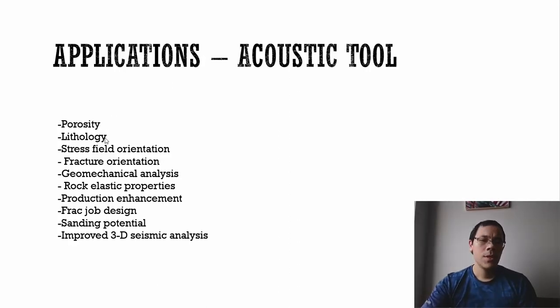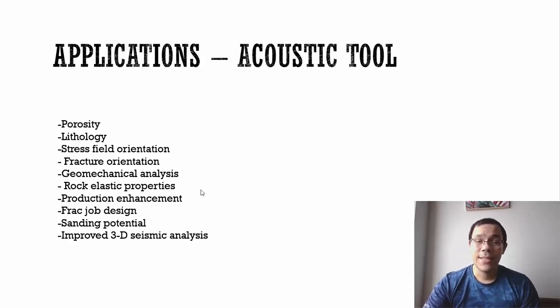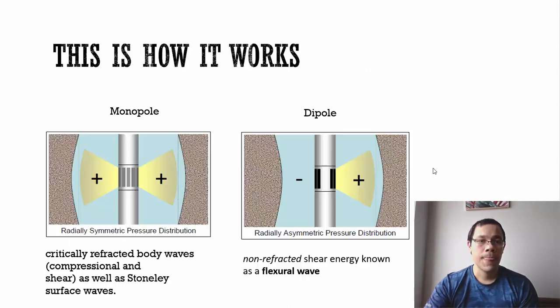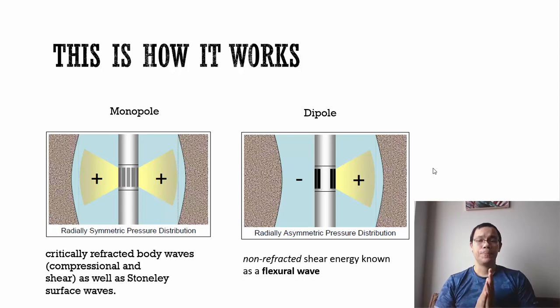It is also an indicator of lithology. It can help with determining the stress field orientation, to calculate the rock elastic properties, even for seismic applications, or to complement the information we get from seismic sources. Now, this is how it works.